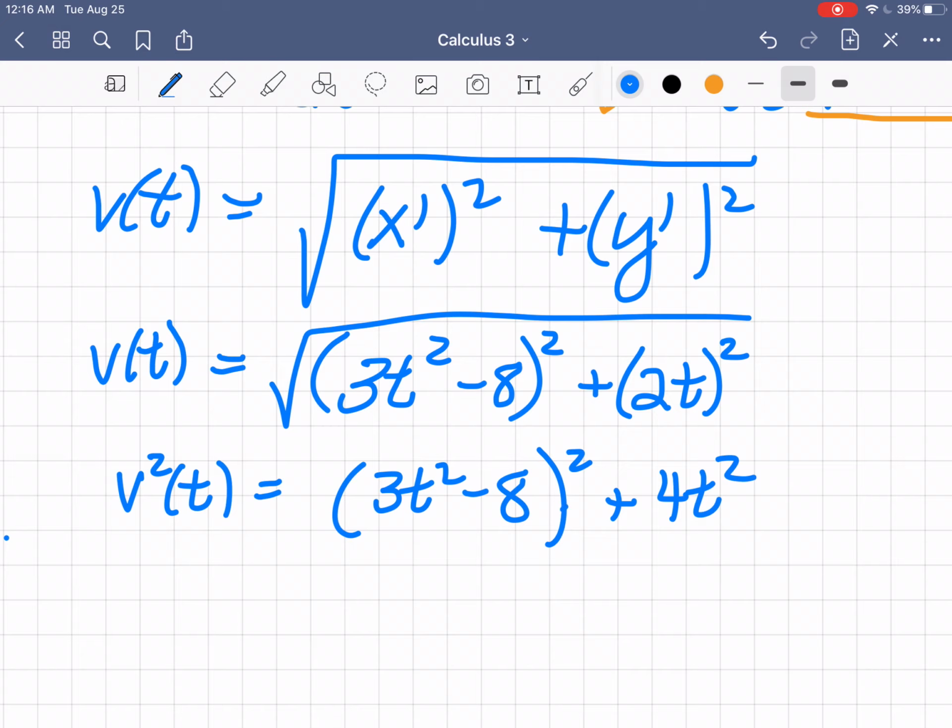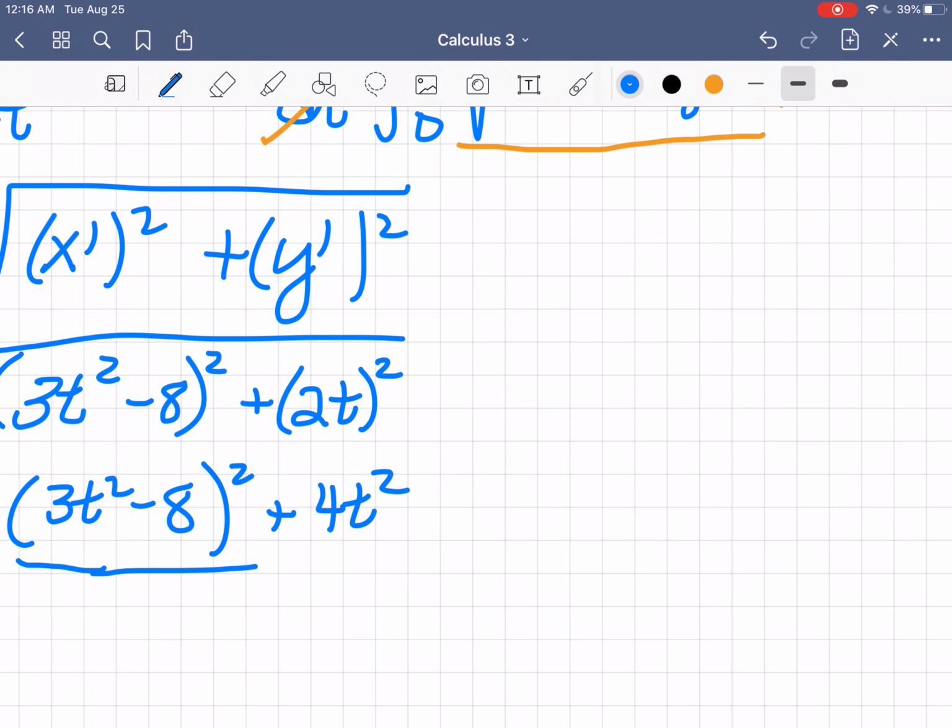If you expand this piece, you end up with 9t to the 4th minus 44t squared plus 64.